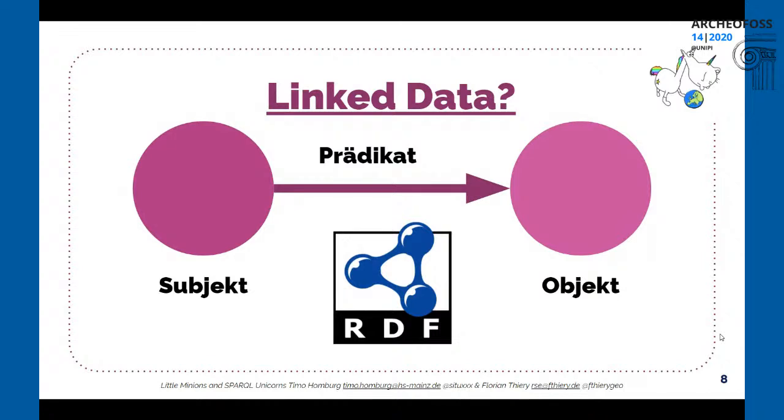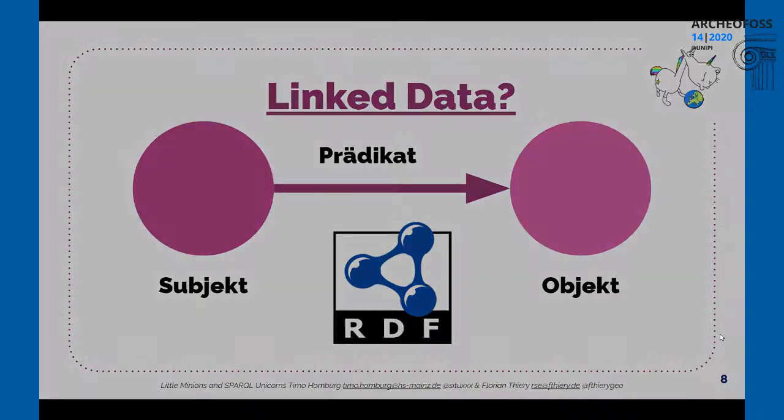So for example, we might have a city as the subject, and then a predicate, which might be the number of inhabitants, and the object might be the actual number of inhabitants, or it might even be another city. Maybe a city is next to another city, which is then in itself a subject of other triples.